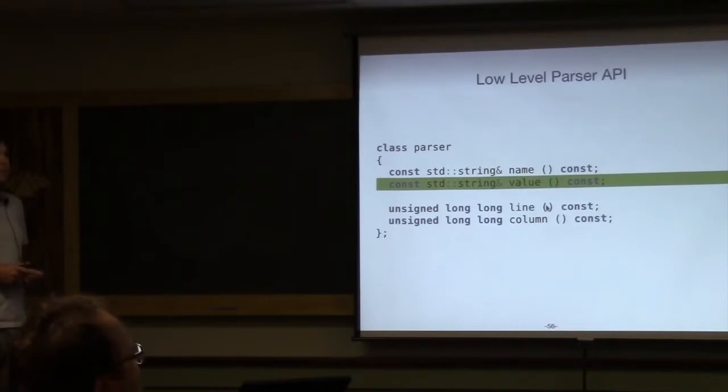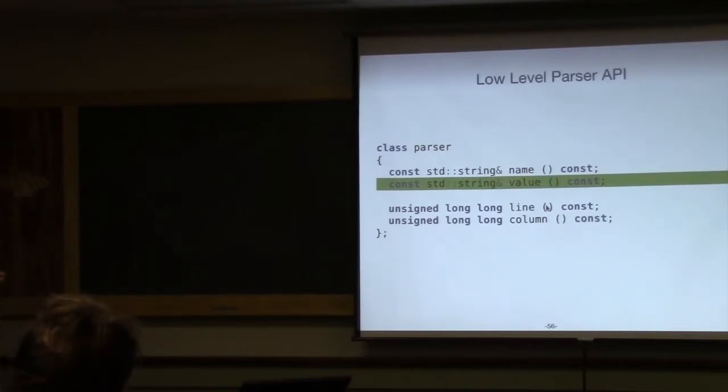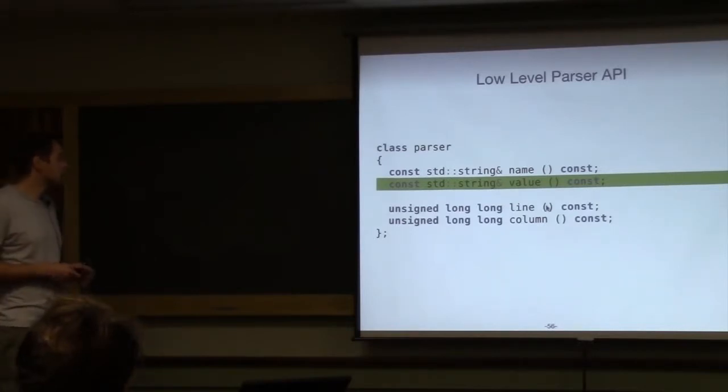Okay, question? Why are you using string instead of some form of string view? So the question was, why do I use string instead of some form of a string view? It's not backed by string.